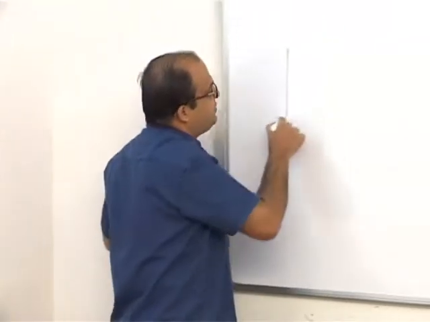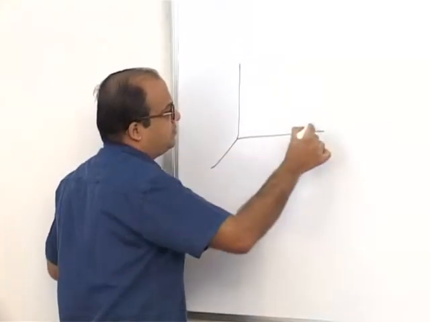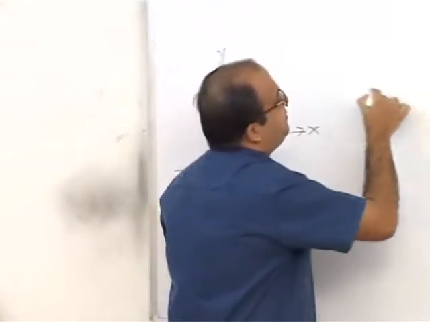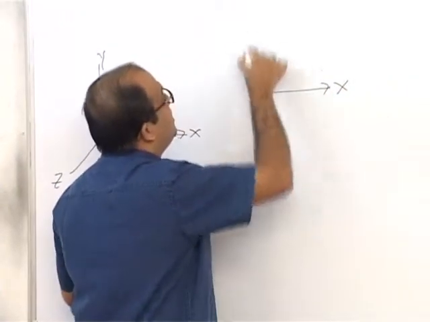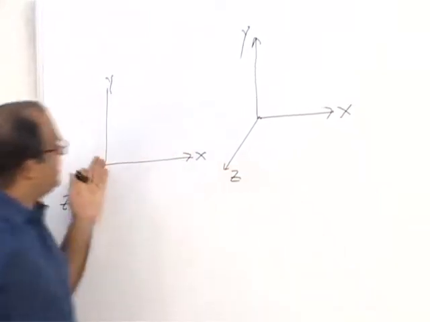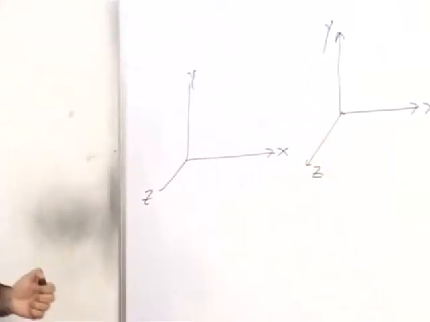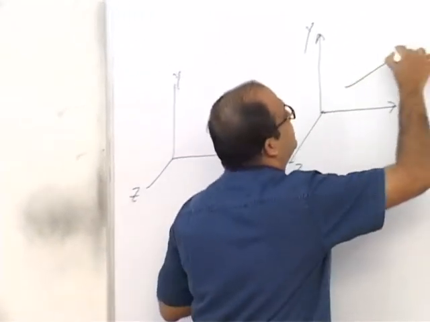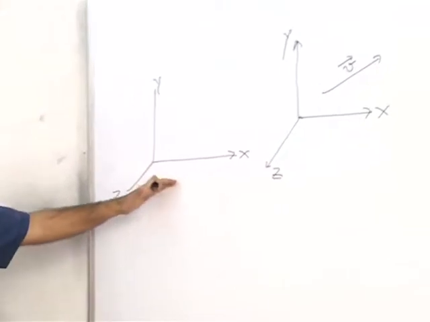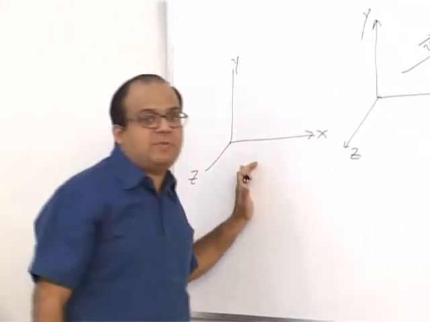So if this is an inertial frame of reference, any other frame of reference that is either at rest with respect to this or moving with a uniform velocity with respect to this will also be an inertial frame of reference.